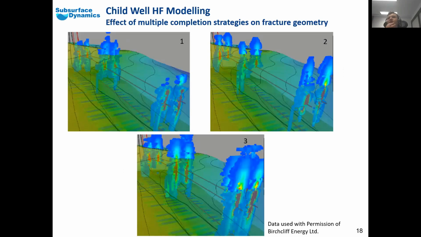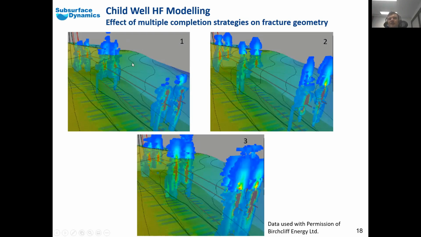And then the effect of zipper frac. This is a very good example. We have 1 well in the lower zone and 2 wells in the upper zone, and we're pumping exactly the same tonnage and exactly the same intensity. So it's exactly the same design for all 3 wells in all 3 cases.